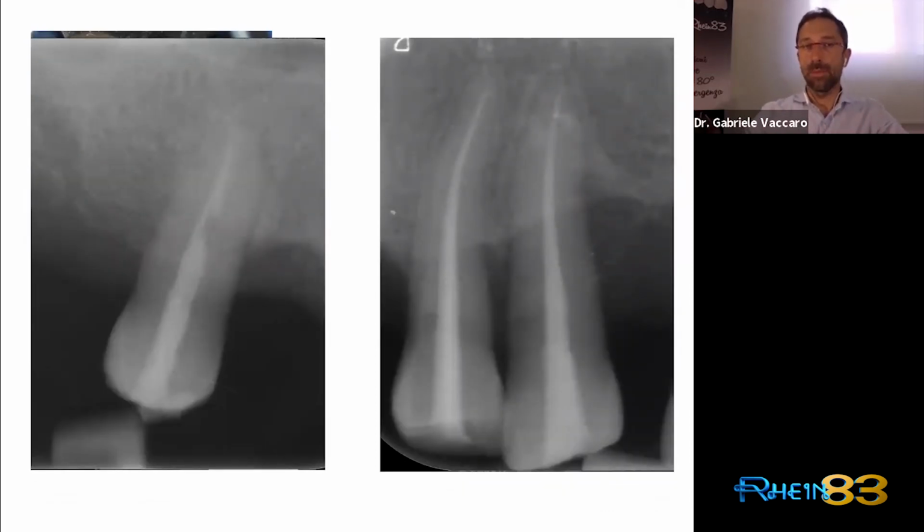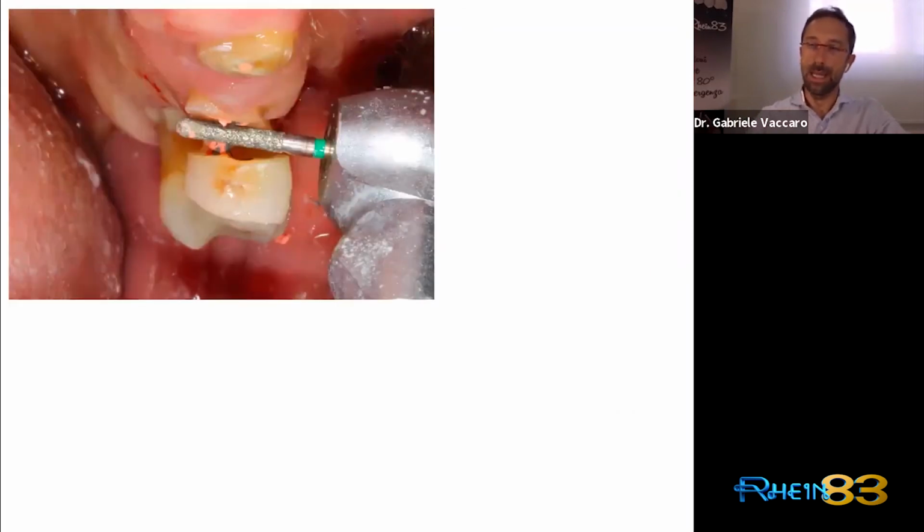After proper root canal therapy, we can use it as a sound and strong pivot anchor point for our prosthesis.